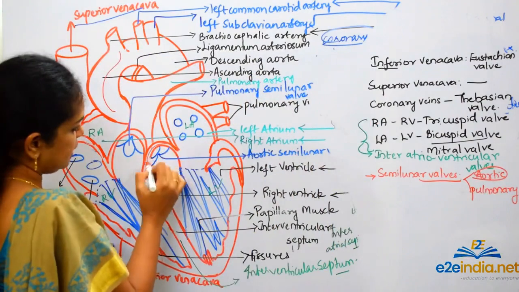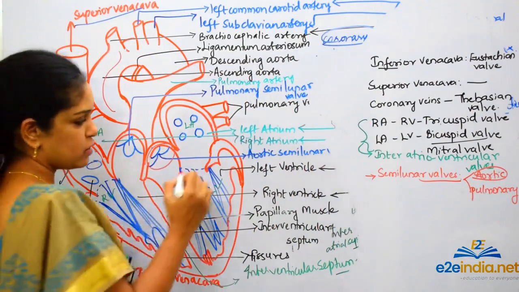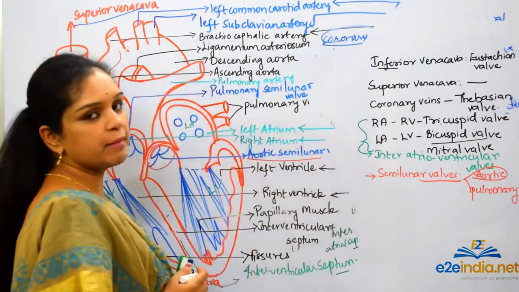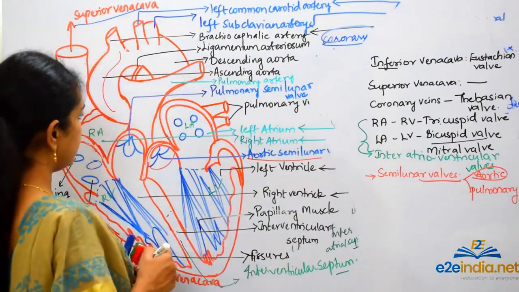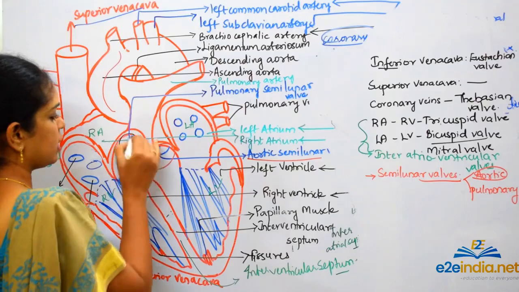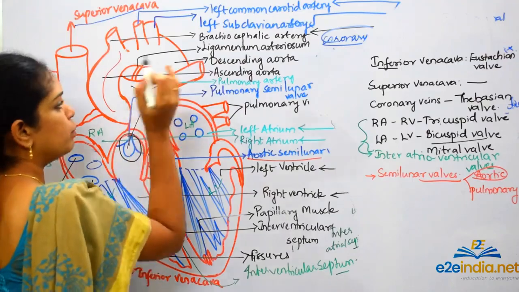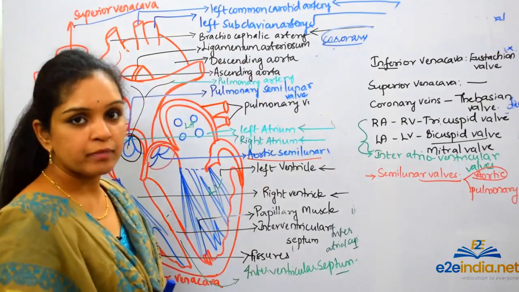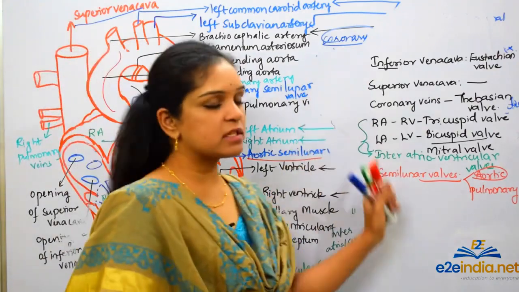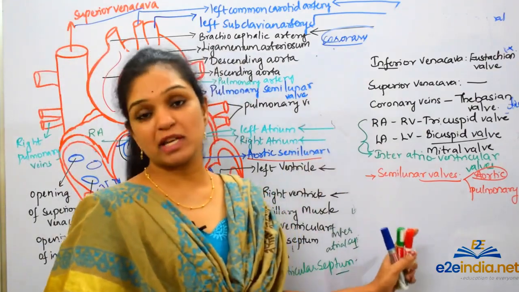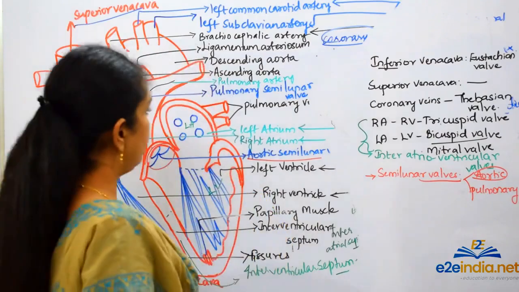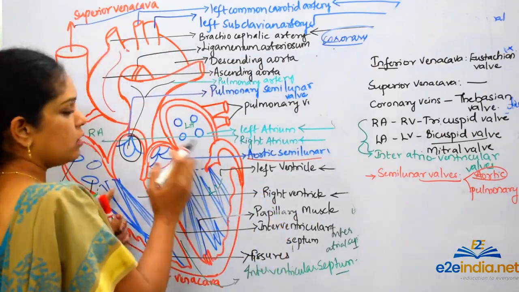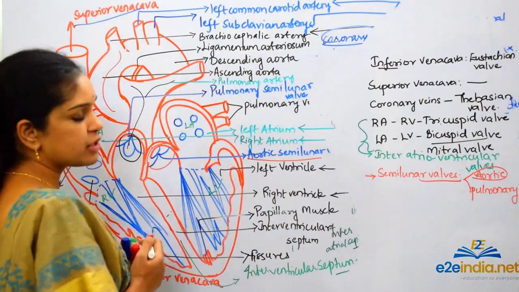The pulmonary semilunar valve is present at the pulmonary trunk, which opens into the pulmonary artery. So we have these different types of valves guarding the movement of blood. This is about the valves, atria and ventricles.